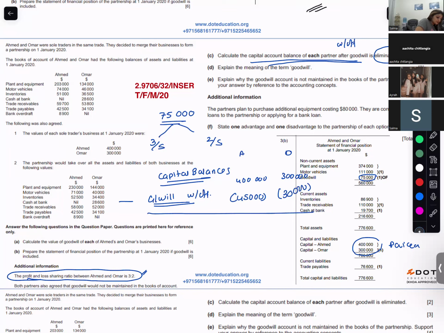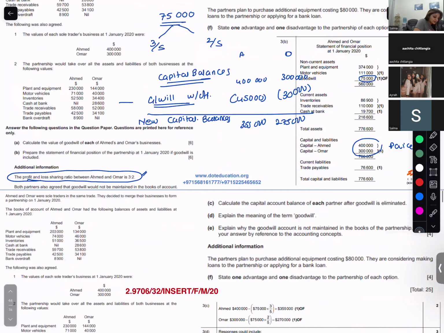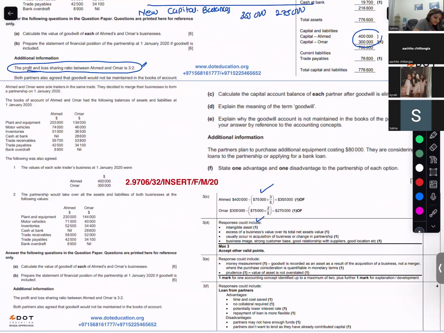So the new capital account balances after goodwill is written off is how much? 355,000 and 270,000. So the new capital account balances after goodwill is written off will be 355,000 and 270,000.